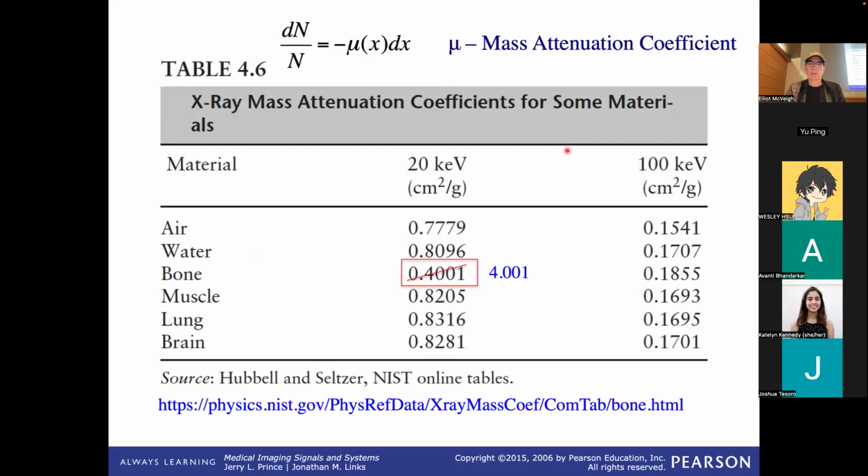So the mass attenuation coefficients for some materials, here we go, and it shows you the difference. These attenuation coefficients are normalized to density. Okay, they're density normalized. So you want them basically such that if I had air and then I compress it such that it's really dense, right?